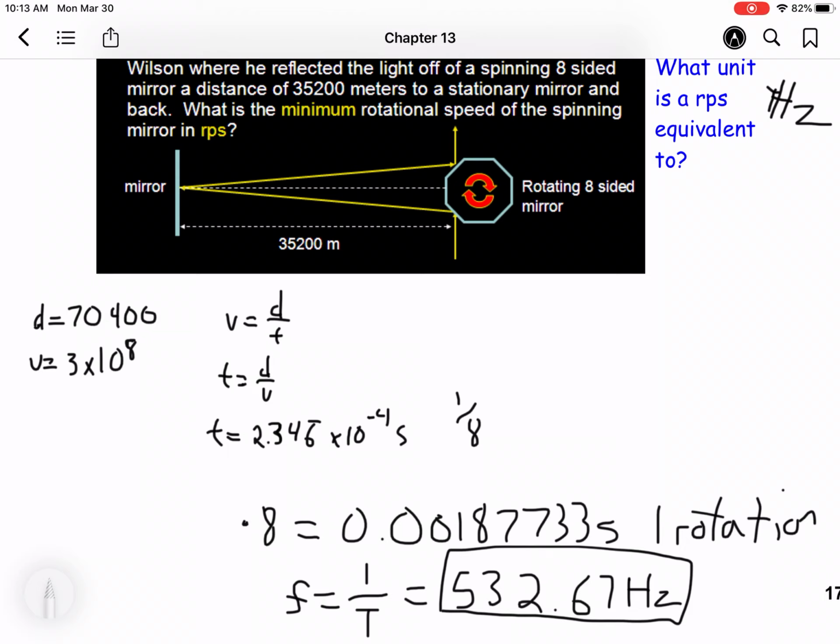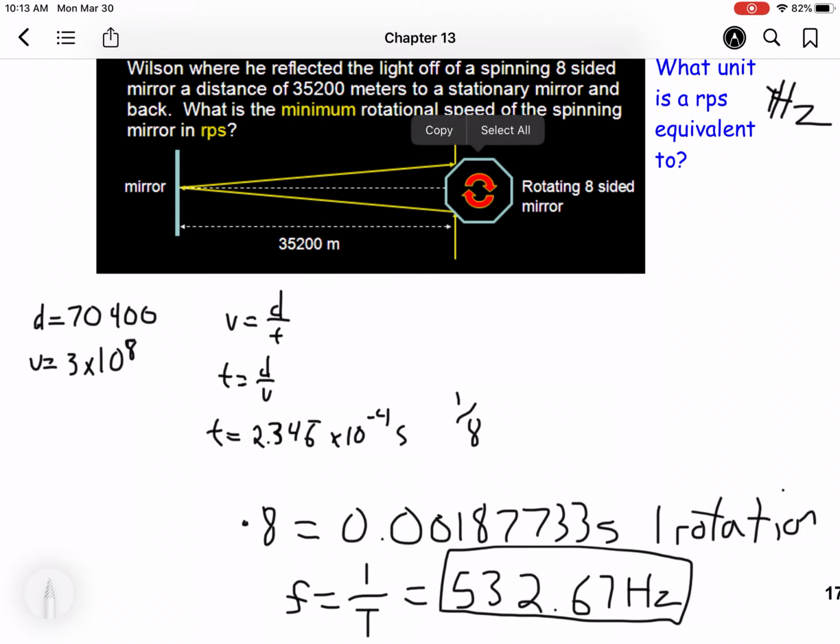Yeah, 2.346 repeated times 10 to the negative 4. And that's for 1/8 of a turn. Then we're going to times it by 8 because that gives us a full rotation. So it takes that many seconds, 0.0018, for one rotation. And then we're going to turn that into a frequency. So we have to get this mirror rotating at exactly 532.67 hertz.